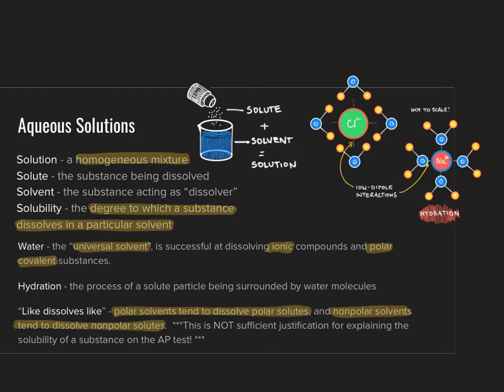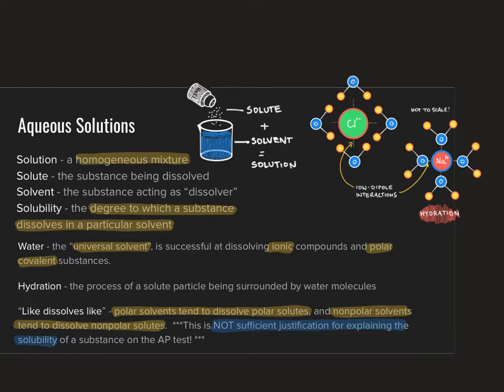Now, a very, very important thing to note right here: the AP test will often ask you questions about why there is a successful formation of a solution between particles. And you may not simply state like dissolves like as sufficient justification for explaining why one thing is soluble in a particular instance.